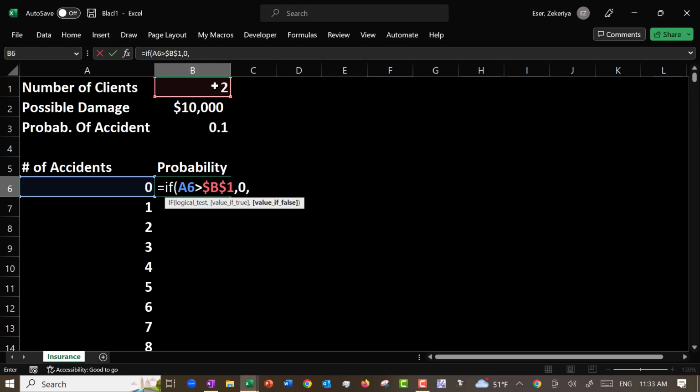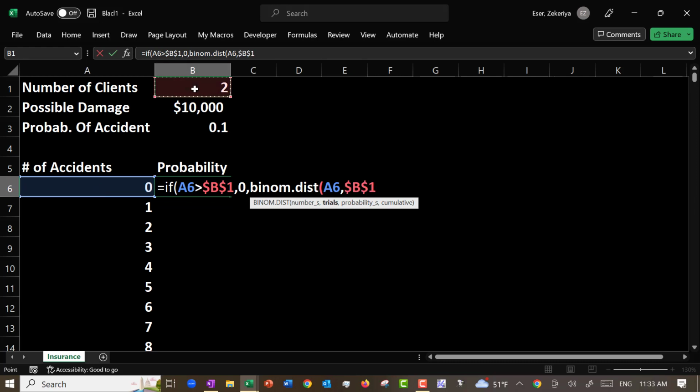Otherwise, binom.dist, it has 4 arguments. The first argument is what is the total number of events for which you want the probability? What are the total possible values? 2.